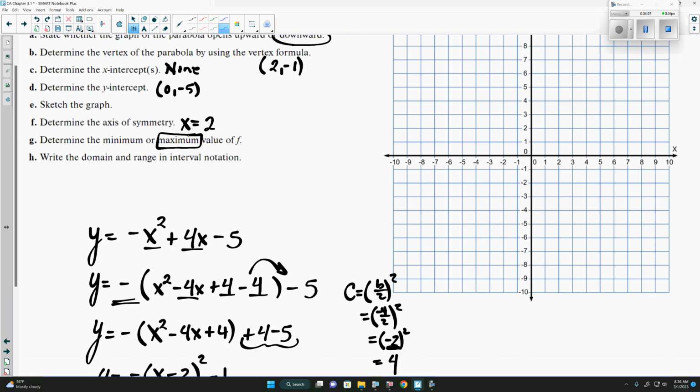Since it opens down, it's going to have a maximum value. And that maximum value is negative 1. It's just the y value of the vertex. Any questions on any of this here?